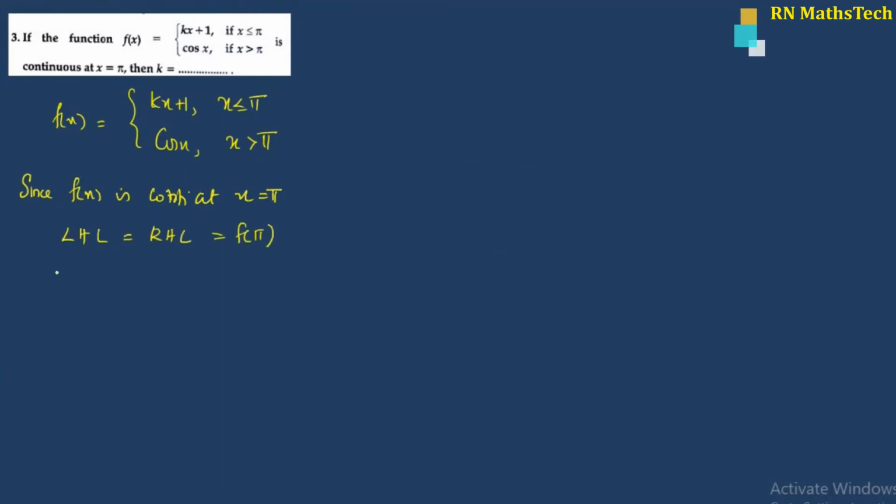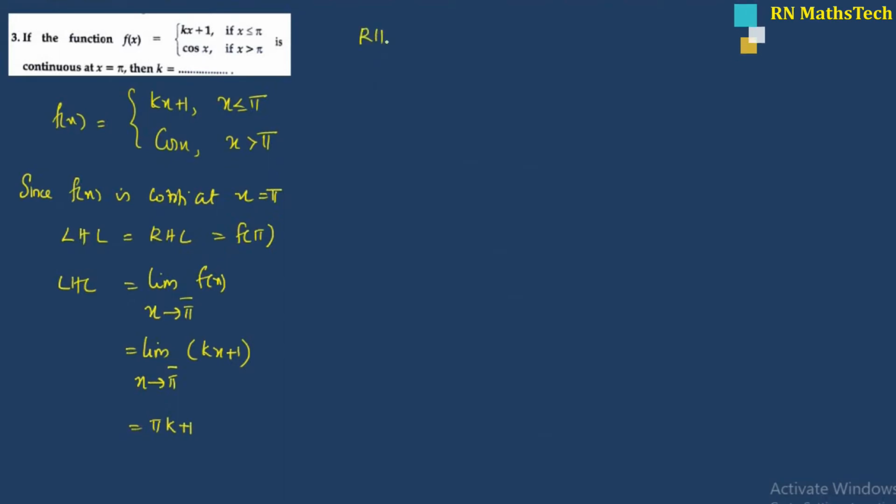Now left hand limit LHL equal to limit x tends to pi minus f of x, that's equal to limit x tends to pi minus, function value is kx plus 1, so that's equal to pi k plus 1.